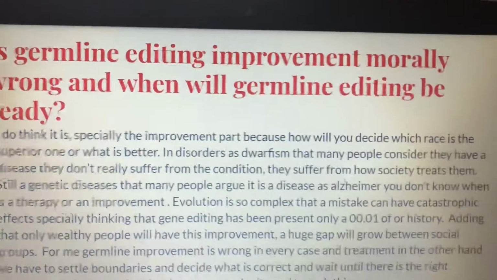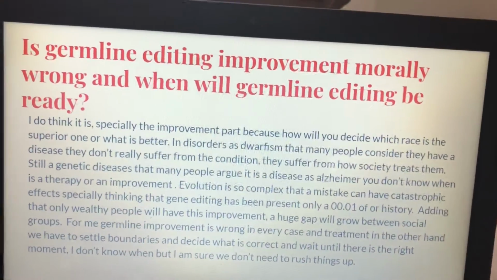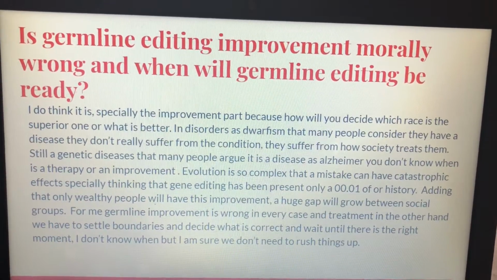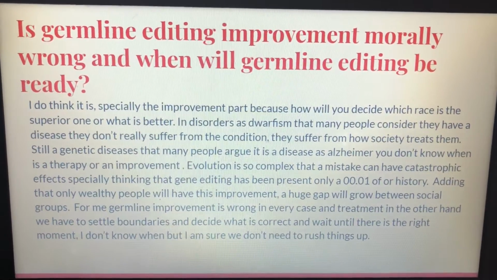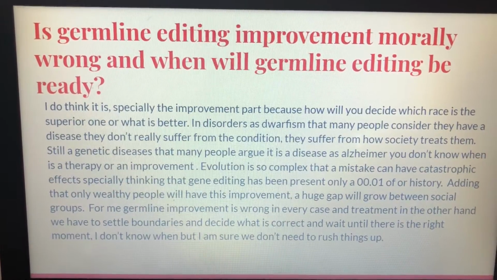Is germline editing improvement morally wrong, or when will germline editing be ready? I don't think it is, especially the improvement part, because how will you decide which race is the superior one or what is better?